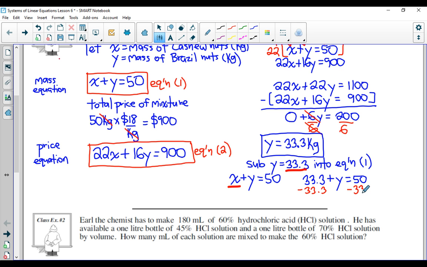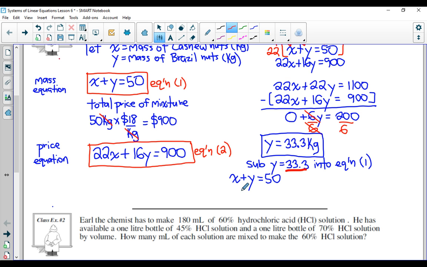Wait a second, I messed that up. We're solving for x, right? Whoops. Yeah, we're plugging in y. Let's fix that quickly. A little lapse in my concentration here.